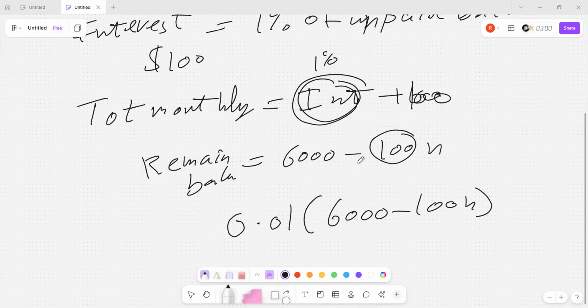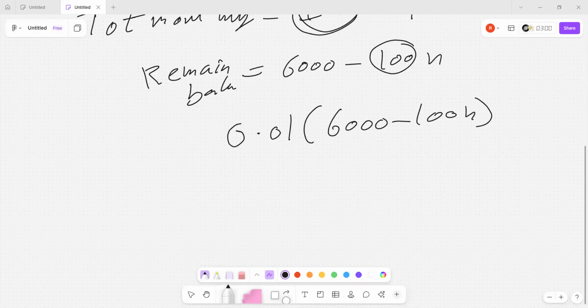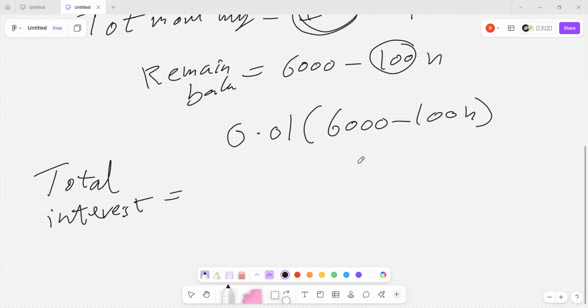Understood? Perfect. So the total interest will be equal to the sum of all monthly interests.